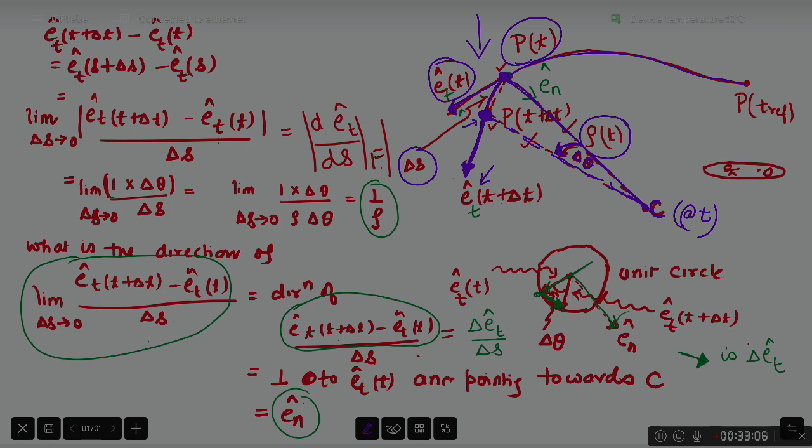I'm just taking the tail of the vector and placing it right on the tail of the other vector. The vectors will remain unchanged. That is what I'm showing here in this diagram. So this vector is et at time t, and this vector is et at time t plus delta t.